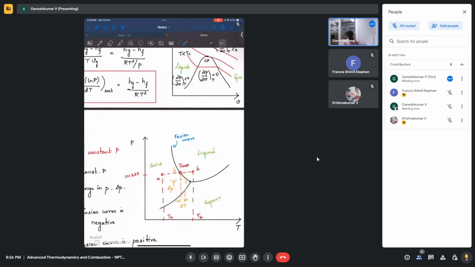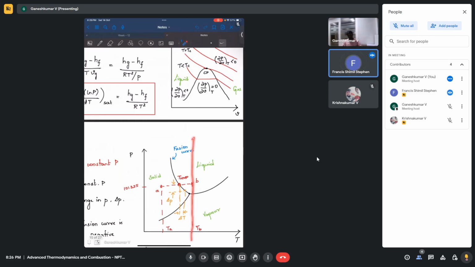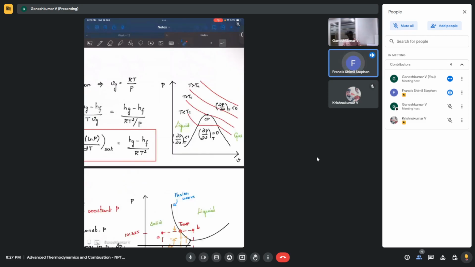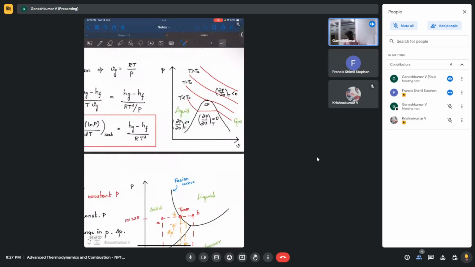Which means it's a single line. Okay, sir. So we can locate it. It will be a constant isothermal line, because these are the same temperatures, right?